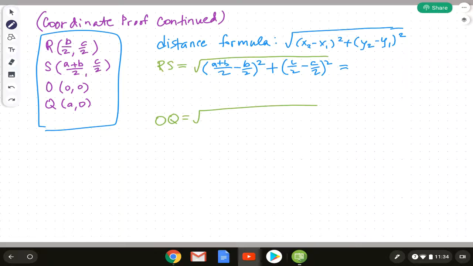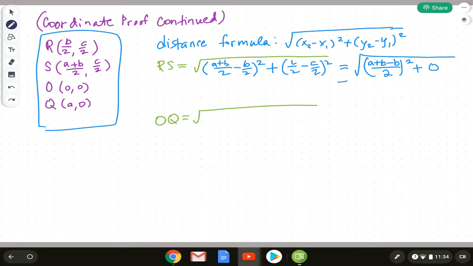So when I work this out, in the first part, a plus b over 2 minus b over 2 is the same as a plus b minus b all over 2 since they had the same denominator. And then the second part is 0 squared, or just 0.